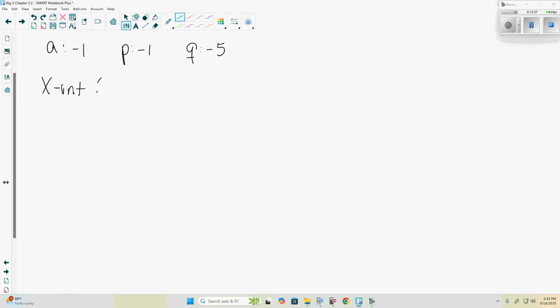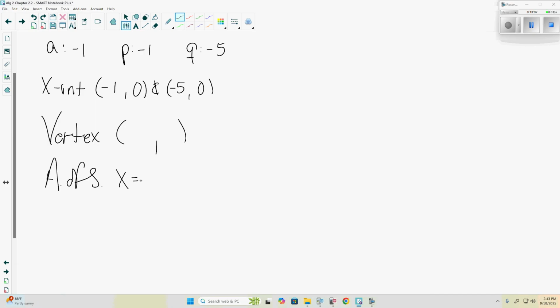I'm going to start off with x-intercepts. Everybody got the y values of the x-intercepts are both 0, yes? One of the x values would be negative 1, and the other is negative 5. So we all agree that the x-intercepts are negative 1, 0, and negative 5, 0? Okay. Vertex, axis of symmetry. So now we actually have to do some calculations.